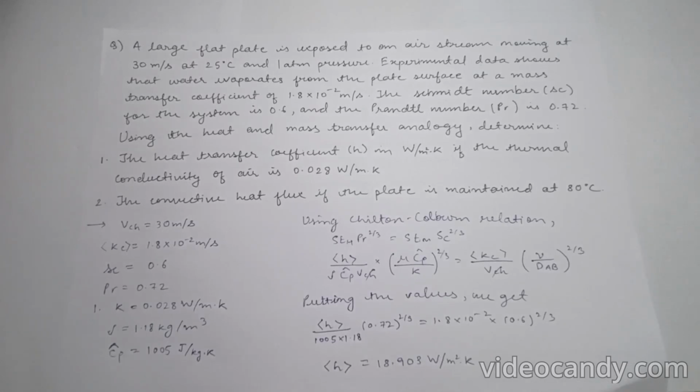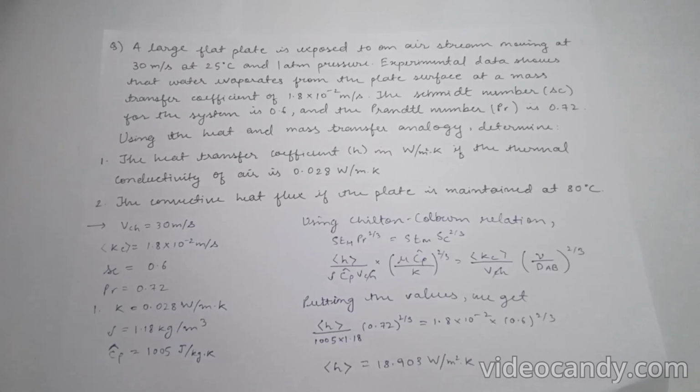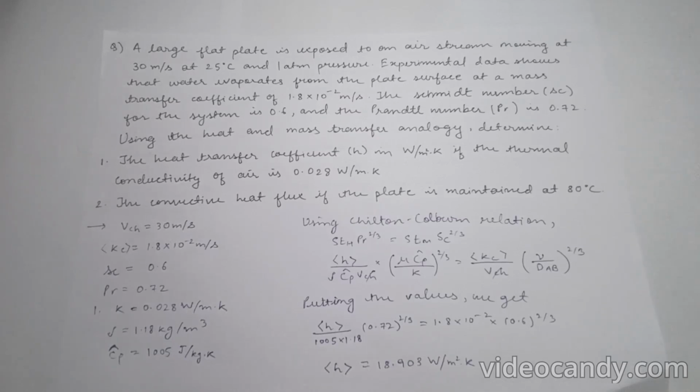The mass transfer coefficient has already been given as 1.8 into 10 to the power minus 2 meters per second. The Schmidt number value is 0.6 and the Prandtl number value is 0.72. So now we move to our first part.